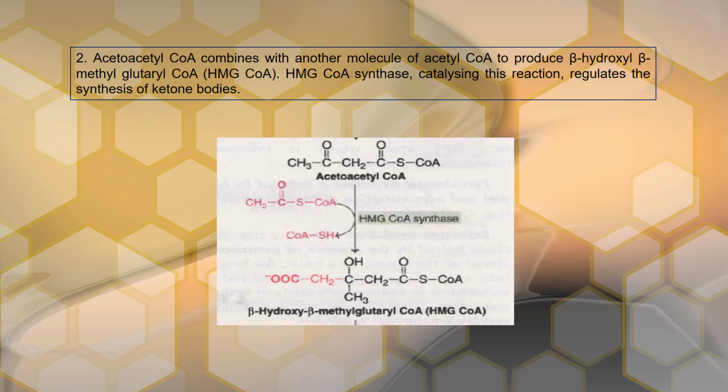Acetoacetyl coenzyme A combines with another molecule of acetyl coenzyme A to produce beta hydroxy beta methyl glutaryl coenzyme A. The HMG coenzyme A synthase is responsible for catalyzing this reaction, and this enzyme is going to regulate the process of ketone body synthesis.